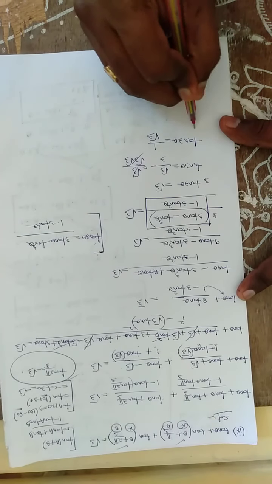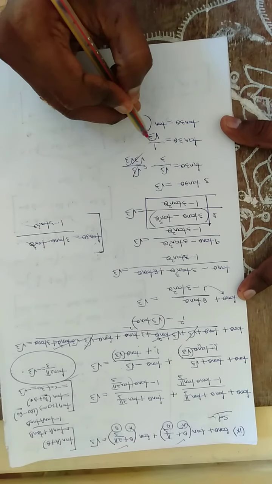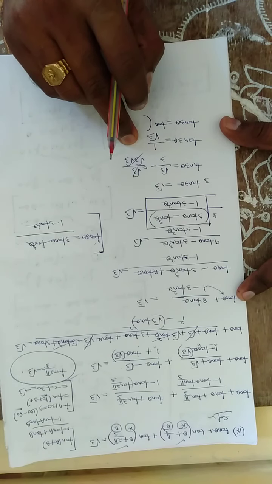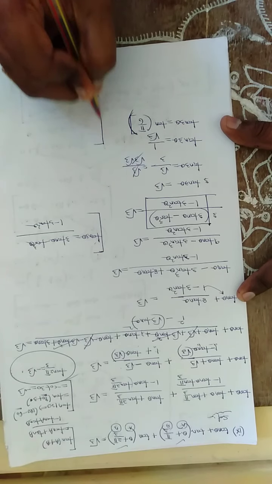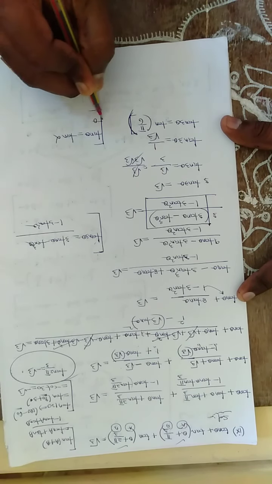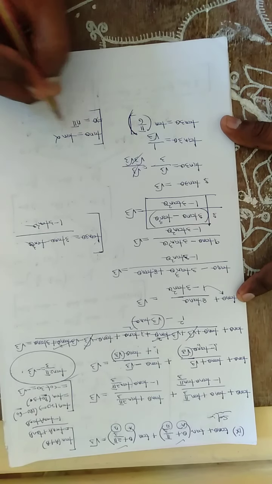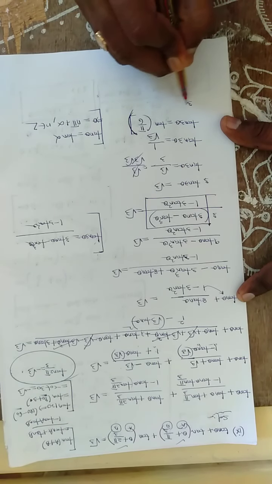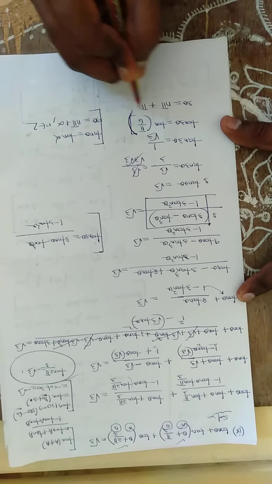This 1 divided by √3 is positive in the first quadrant, so tan 3θ equals tan 30, which is tan π/6. You know the formula: tan θ is equal to tan α implies θ is equal to nπ + α, where n belongs to Z. Here θ is 3θ and α is π/6, so 3θ = nπ + π/6.